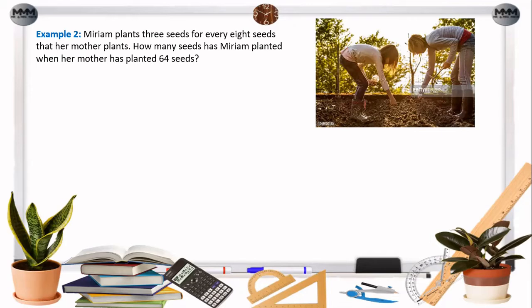So let's have first the first step, which is to understand the problem. In this example, Miriam and her mother are planting seeds. For every 3 seeds Miriam plants, her mother plants 8 seeds. Now, if her mother has planted 64 seeds, then the question is, how many seeds has Miriam planted?